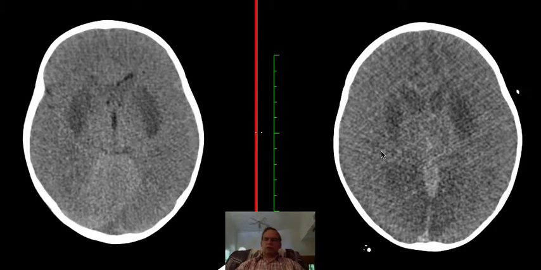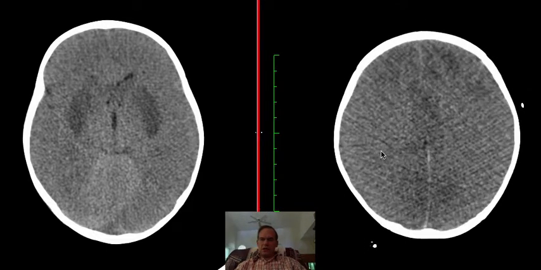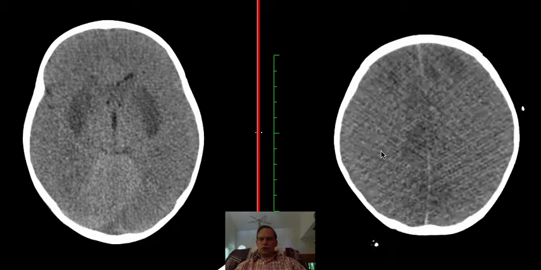Now if we go to the next day, subsequent CT, you see that this has worsened.